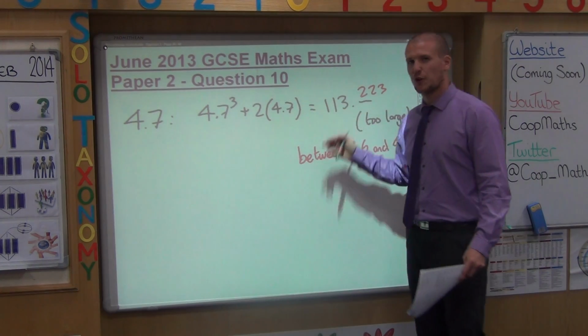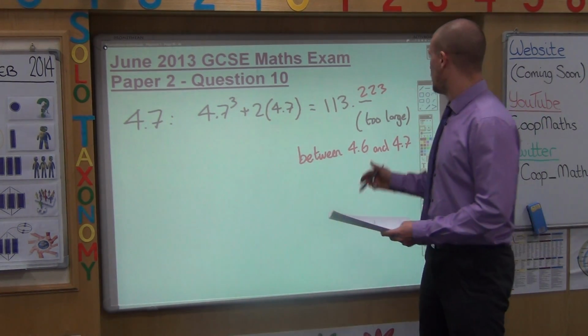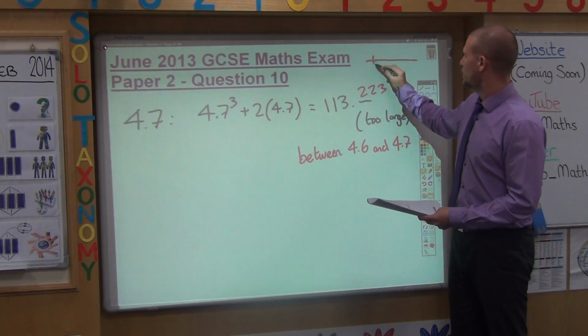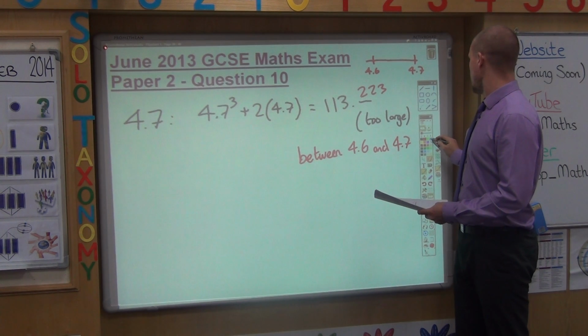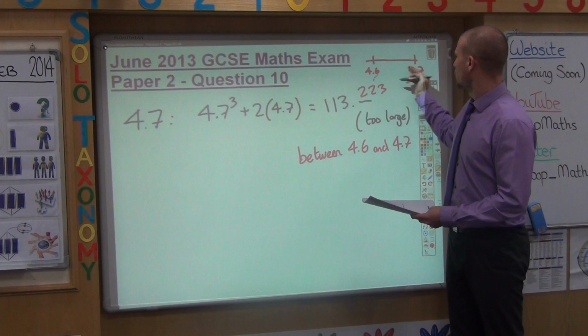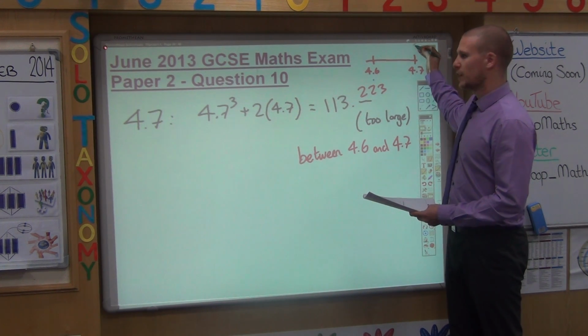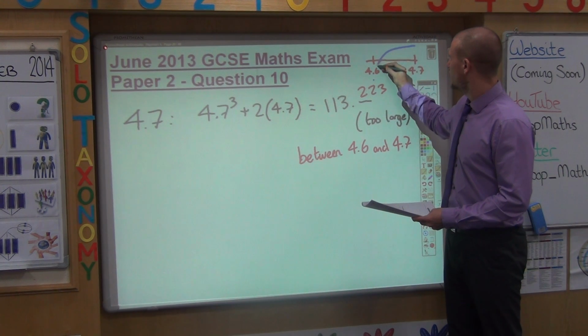You might just be inclined to think, well, 4.6 is further away than 4.7 because the answer here is closer. You can't do that because depending on the picture you have, you might have the situation where if this is 4.6 and this is 4.7, and this was too small, this is too big, it might be that although this one looks closer, I could draw a graph where it comes along like that.